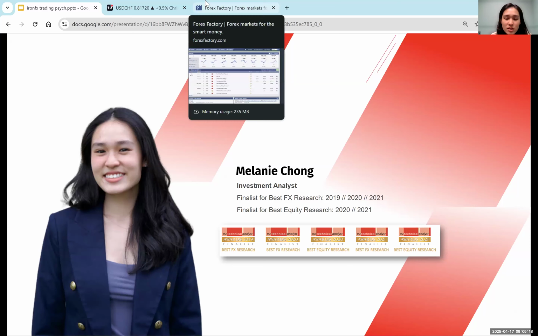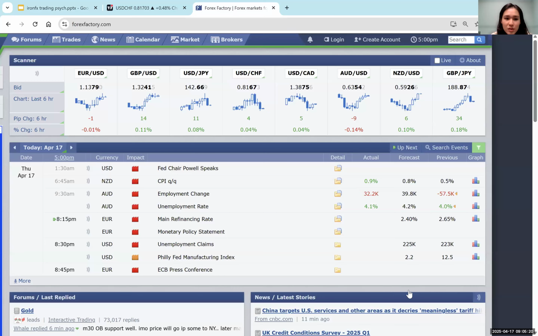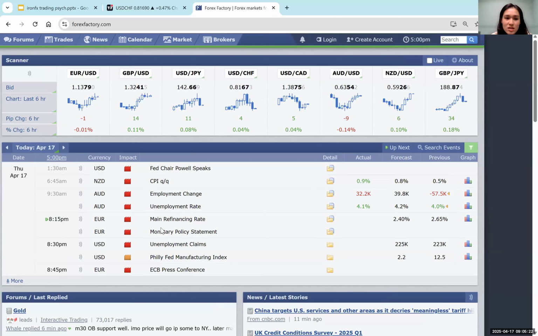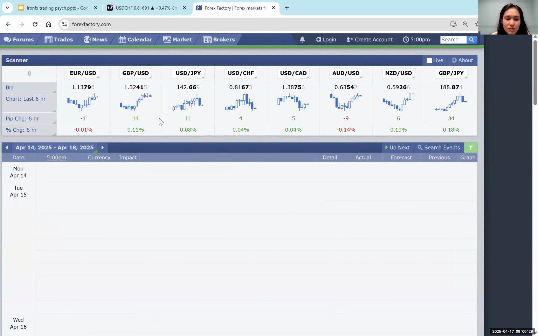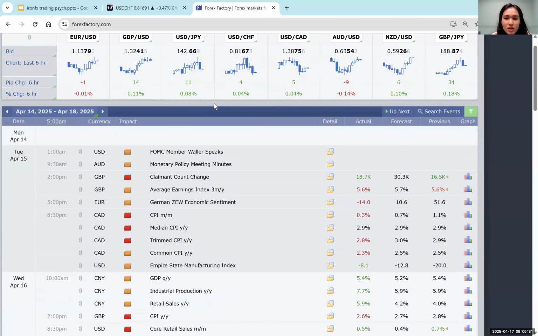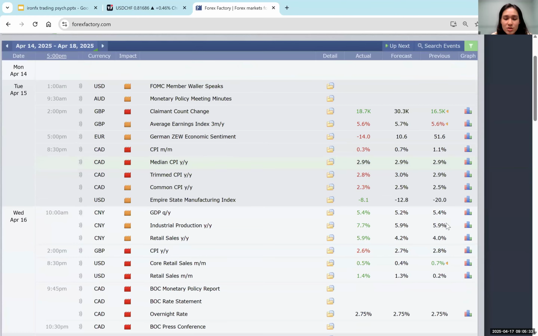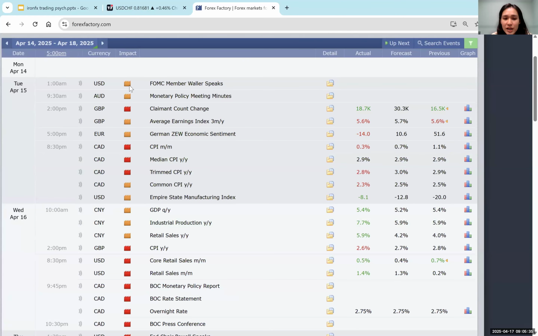Before we take a look at our charts, let's just do a brief recap of the events that have happened this week. Let's start with Monday. I filtered it to focus on mainly the medium to high impact events, indicated by these orange and red icons.